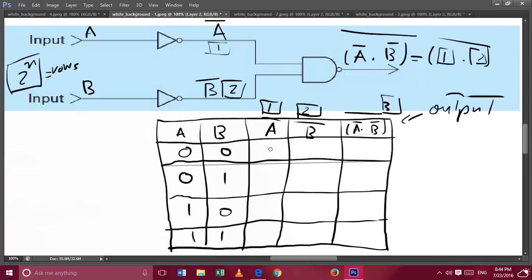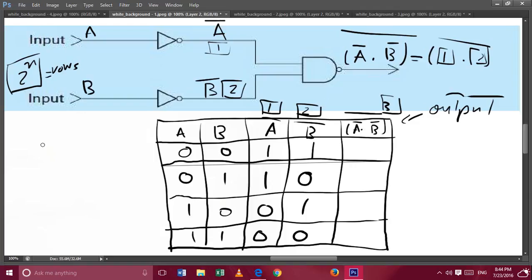To get this column, all we need to do is to get not A, so it's going to be 1, 1, 0, 0. And this is not B, so we need to get not of this column, so 1, 0, 1, 0. The output will be column 1 NAND column 2.